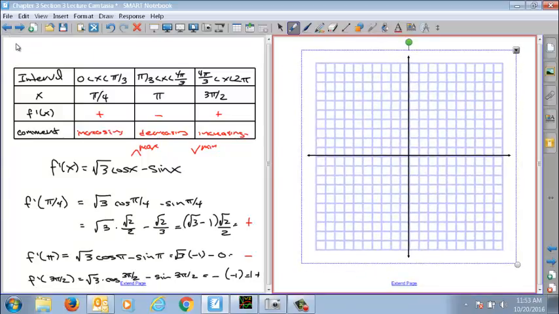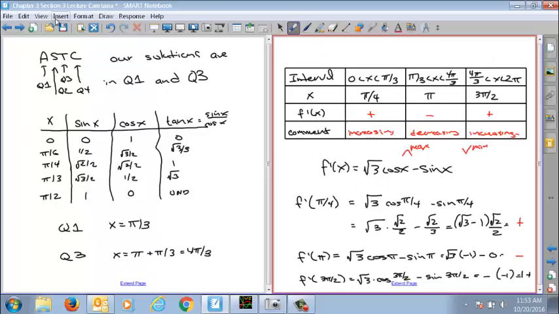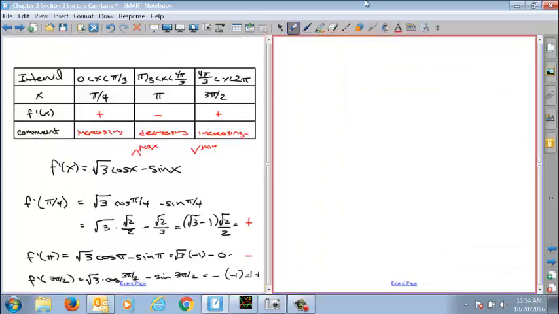Actually, let's evaluate the function at these critical numbers. So what we want to do is evaluate the function at pi over 3, and also evaluate the function at 4 pi over 3.